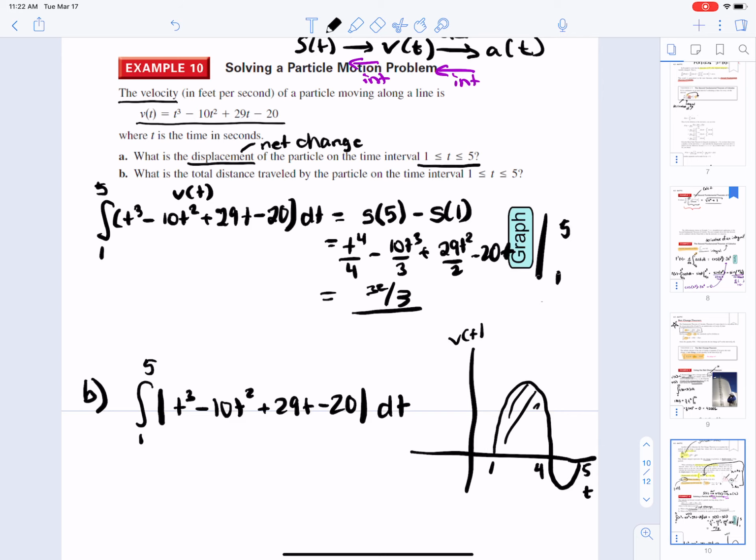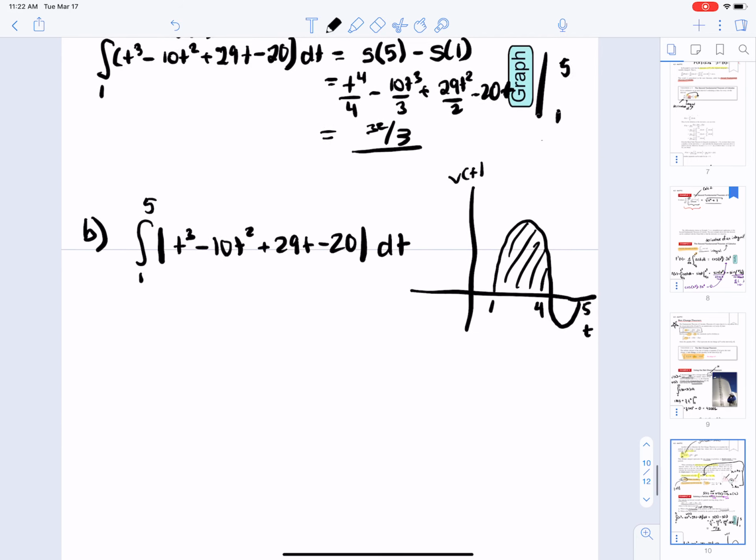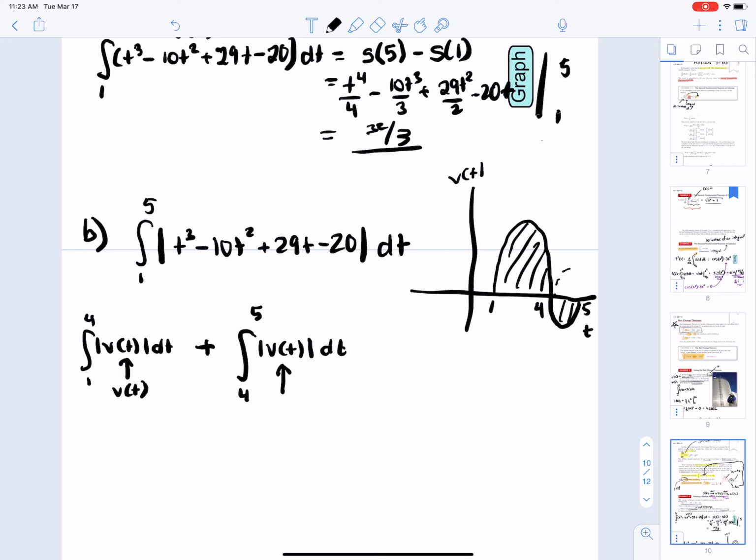So I need to break up my integral from 1 to 4 of the absolute value of velocity, which in this case would just be the velocity function because it's already positive, plus the integral from 4 to 5 of the absolute value of my velocity function. In this case, it is important to put the absolute value in because this part is negative, but I want to flip it up and think of it as a positive area.